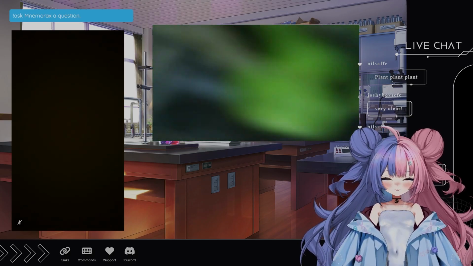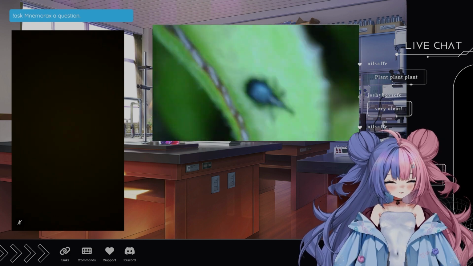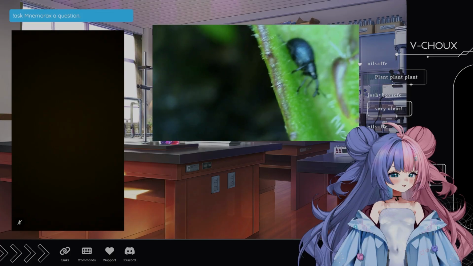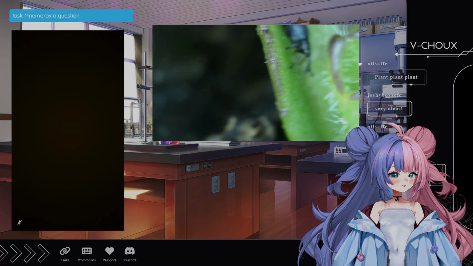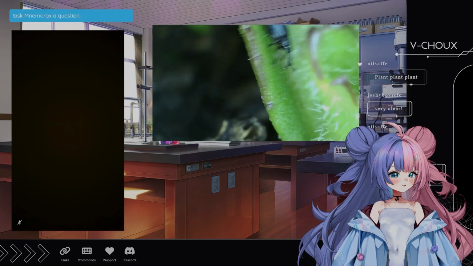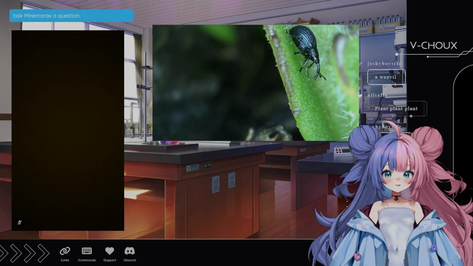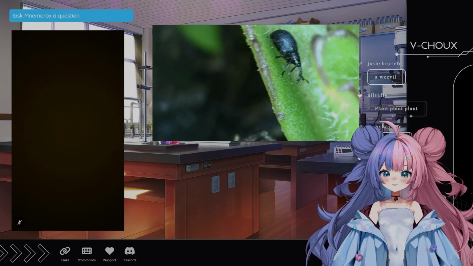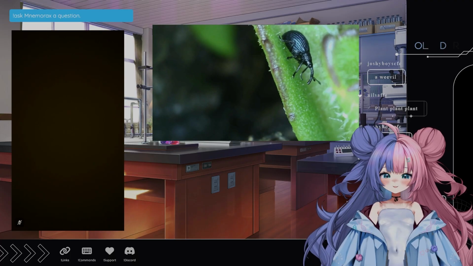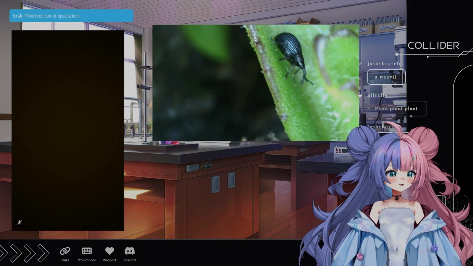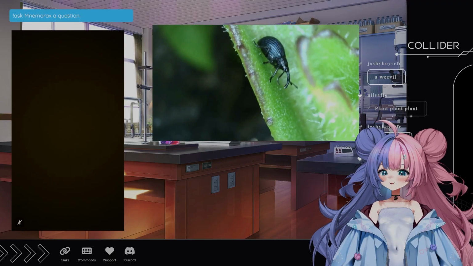Now, oh, hello. We have a little friend. A weevil. Here, look. I found a cutie.